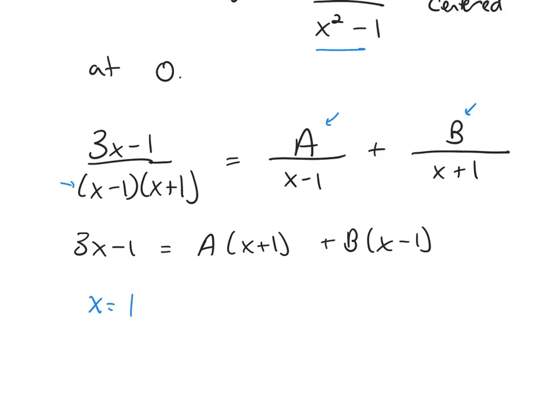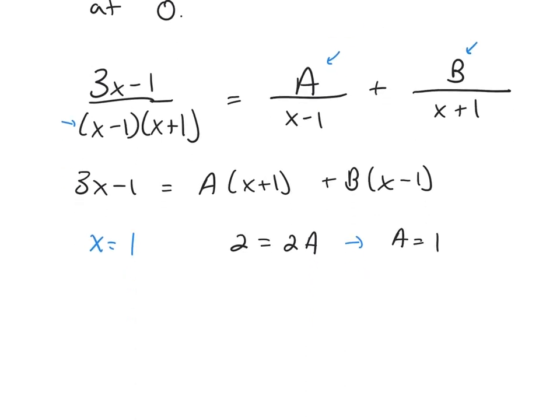So if x is 1, you'll get 2 equals 2A. This tells me that A is 1. And if I let x be negative 1, we'll get negative 4 equals negative 2B.